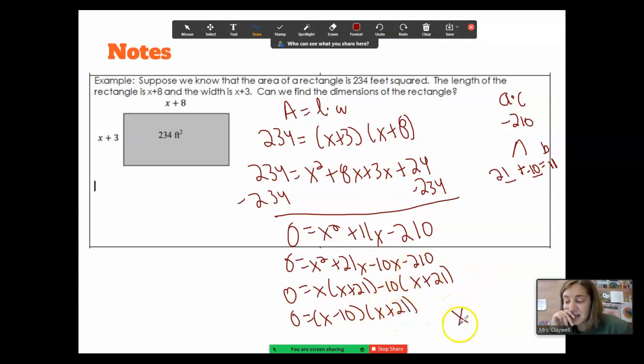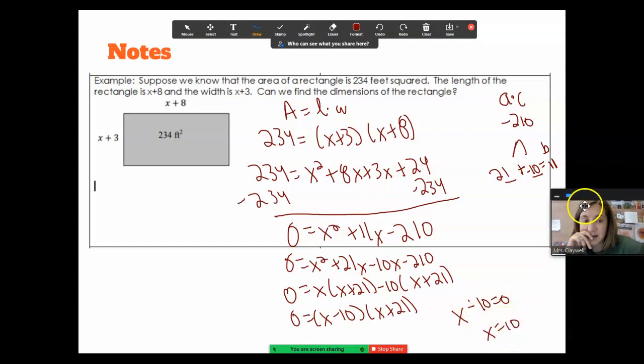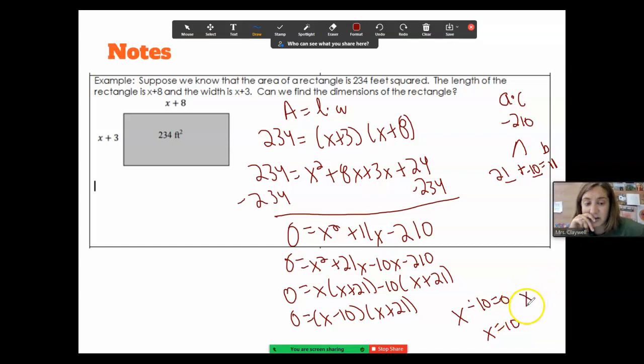So if we think about this, x can either equal 10 or x should equal negative 21. x equaling negative 21 does not make sense, because I can't really have negative area. So because of that, I know my x is equal to 10.